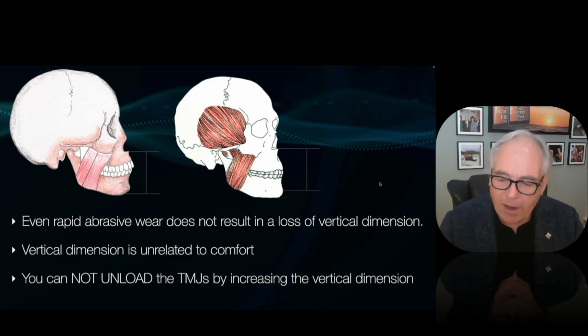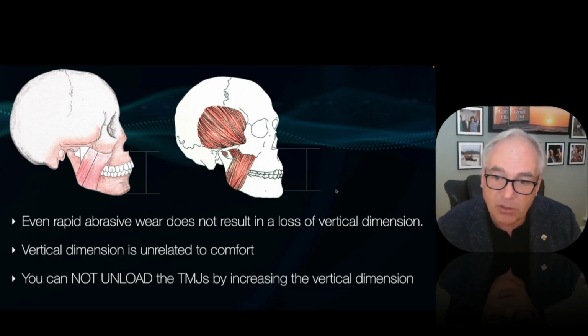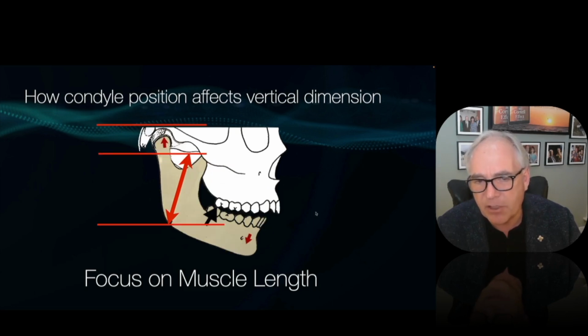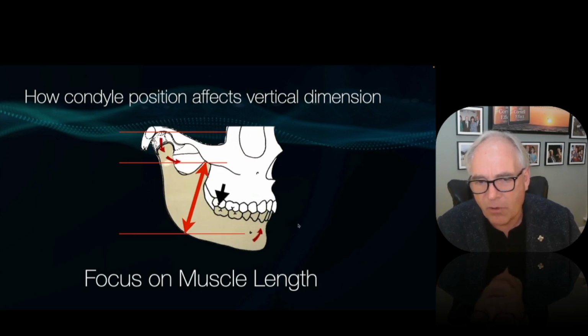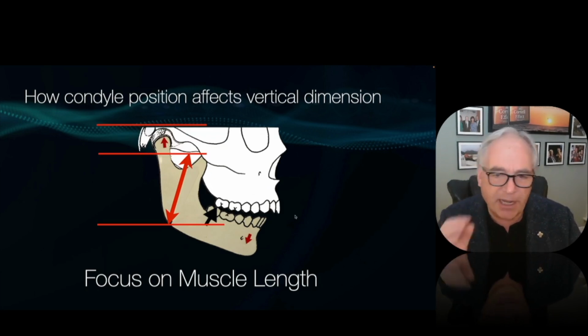So one way we can open vertical dimension without affecting the length of the muscle, which would be beneficial, is when a patient has a slide between CR and MI. Because remember, in maximum cuspation, if this is the length of the muscle, the condyle goes back to centric relation. We can often gain space to work on their teeth, because in maximum cuspation we're down and forward, and the condyle is pivoting up and back, the muscle sort of just shifts in a sling.